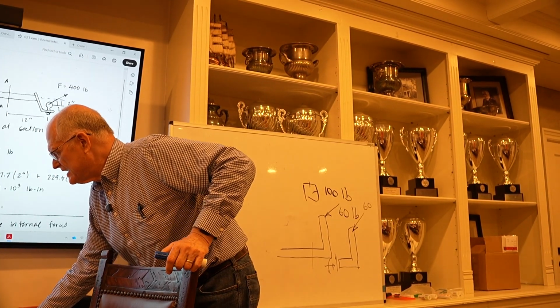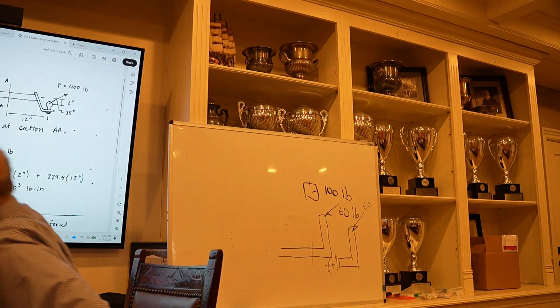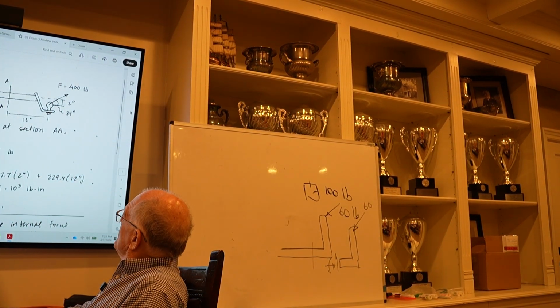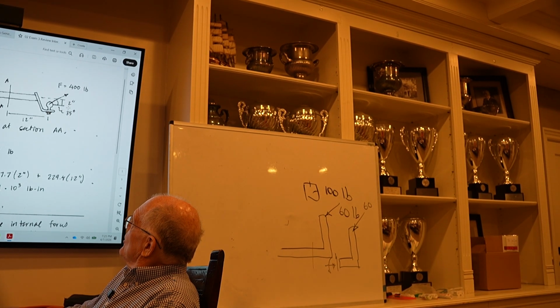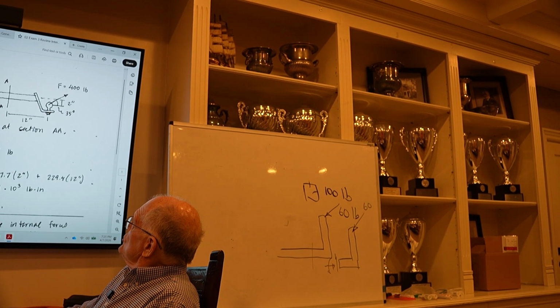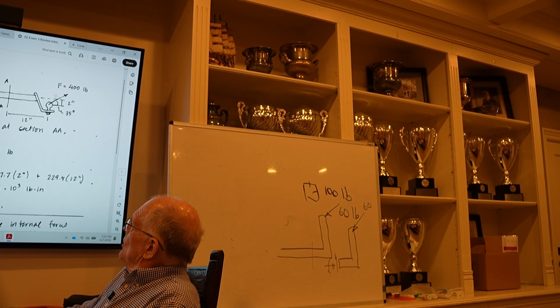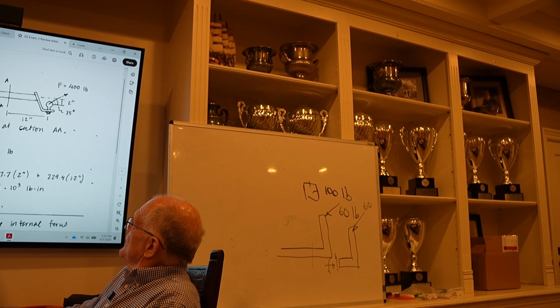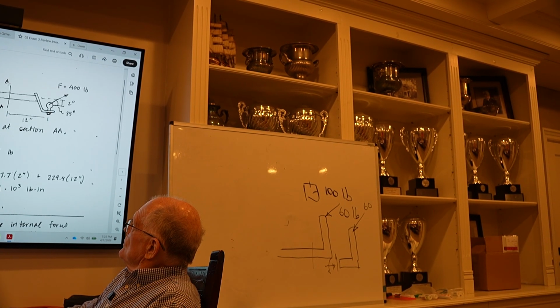If you just take this hitch problem, you have this 400-pound force at a 35-degree angle. The center of this ball is 2 inches below the center line of this axis, and it's 12 inches from the center of the ball to this cut.